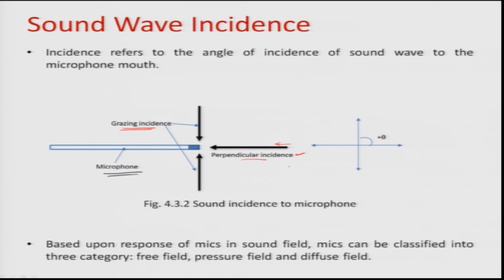Maybe in some situations sound comes primarily from the perpendicular direction. In some other situations it could be coming at a grazing angle. So, it could be all sorts of things, right. So, based on how sound comes and hits the microphone, that could also be a way to classify microphones.